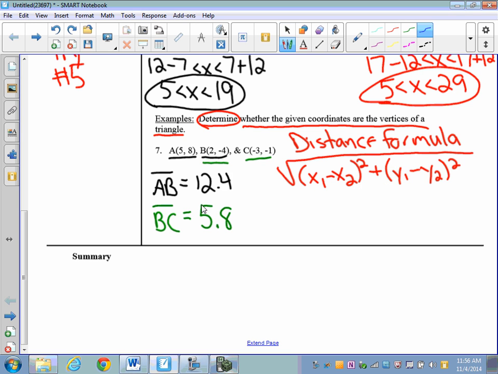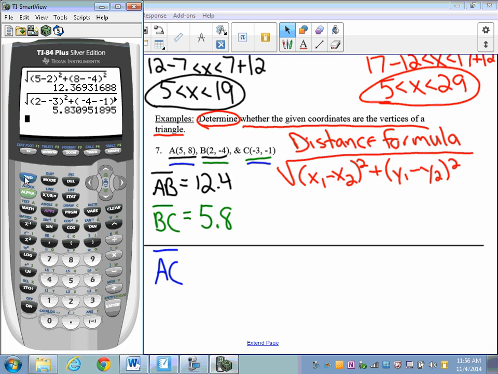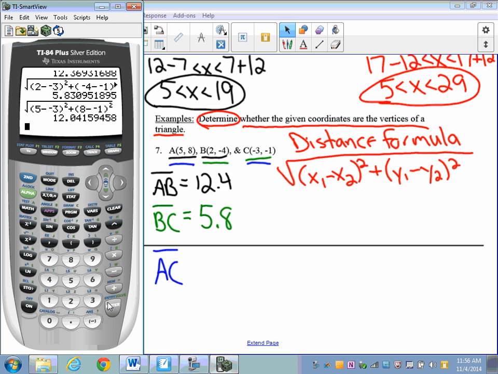And lastly, I have AC. So again, A is going to be my first point, C is going to be my second point. It's going to be 5 minus negative 3 squared plus 8 minus negative 1 squared. This is about 12.0.